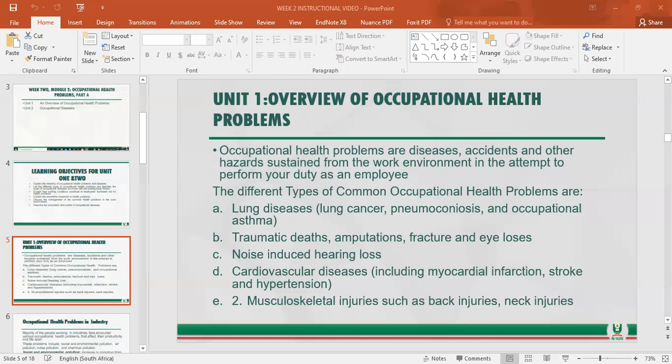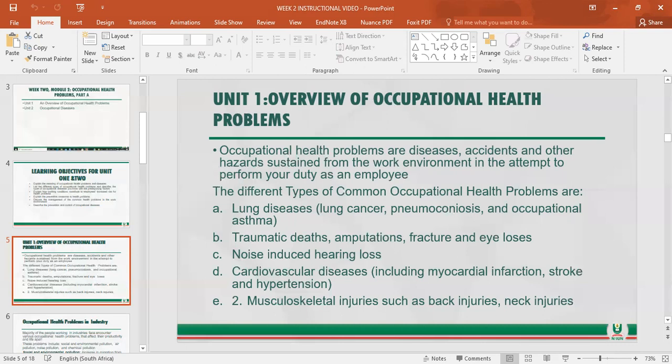Fractures, noise-induced hearing loss, cardiovascular disease, musculoskeletal injury such as back pain, neck injury, and so forth. We understand that these are work-related health problems that many have encountered during the period that they are working in their different organizations.